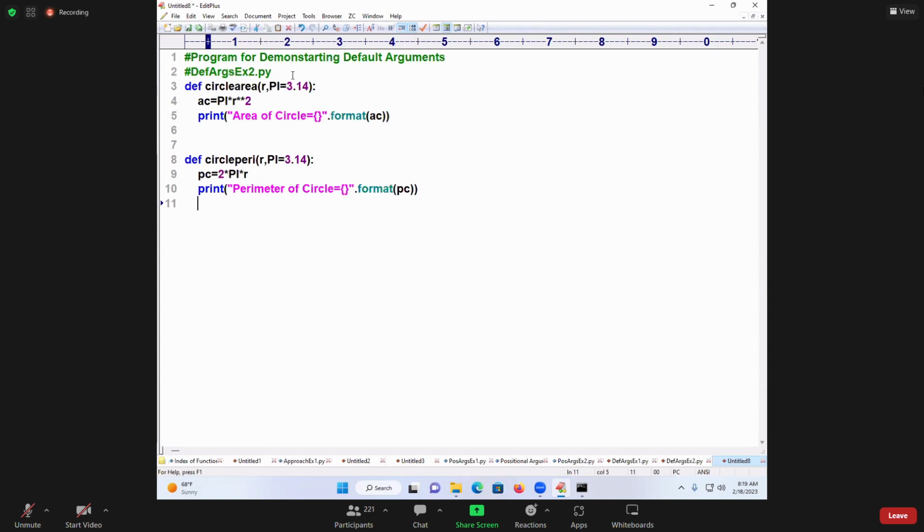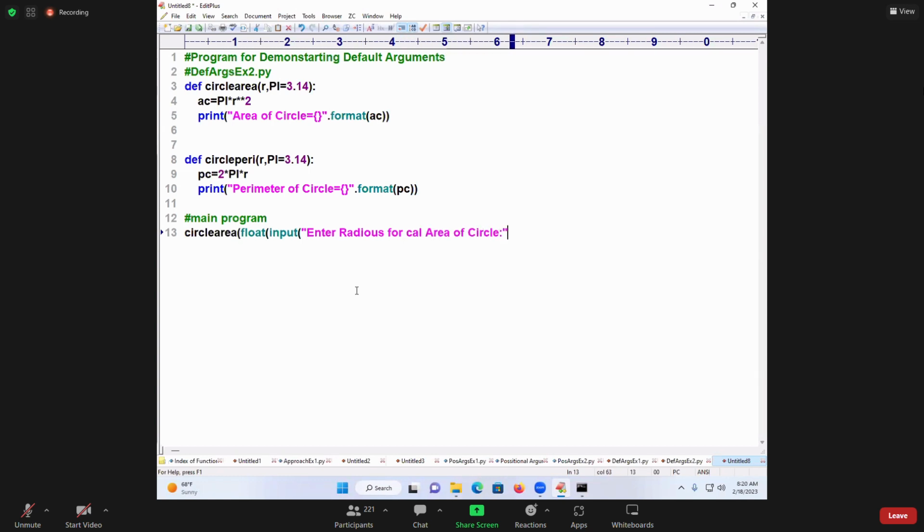So what is the default value here? Pi. R is not a fixed value, right? R differs from one call to another. So in the main program I directly call the function circle_area with float of input, enter radius for calculating area of circle.